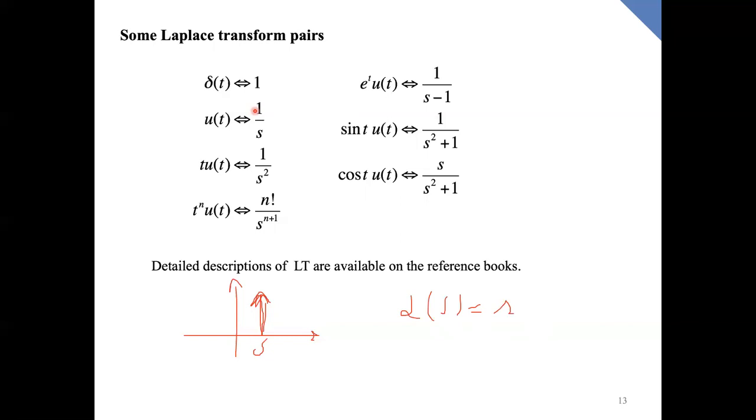If you have a disturbance that is 0 up to a certain time, let's say time t0, then the Laplace transform of this step function, which we call u of t, which is important for the next slides, will be equal to 1 over s.